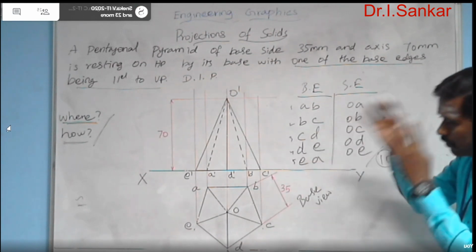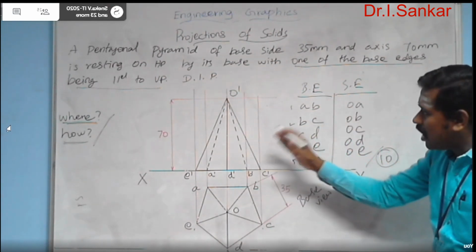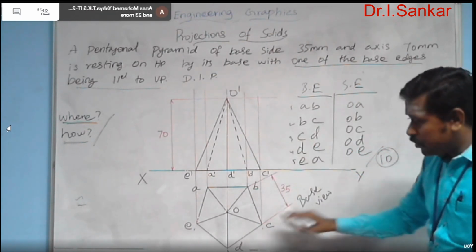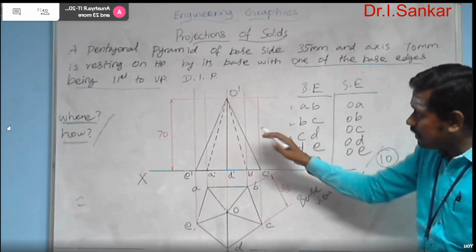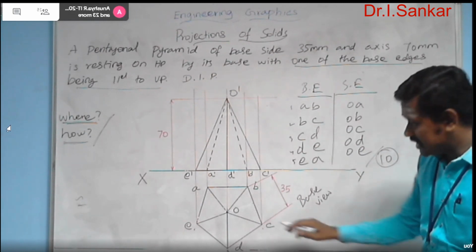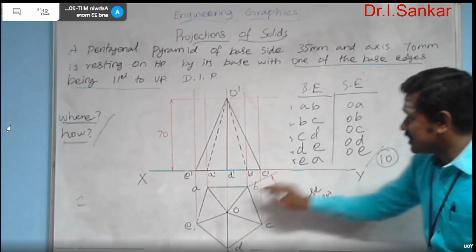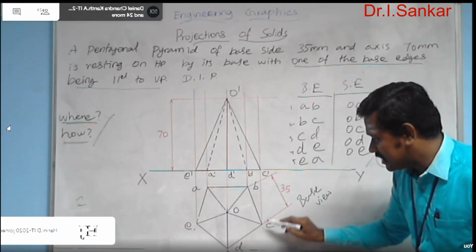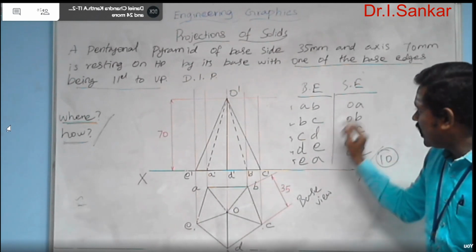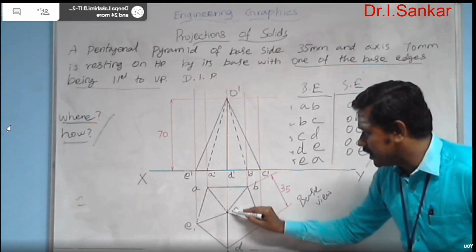So after completing your entire answer, check whether you have drawn all these 10 edges in all the views. In the top view you have to draw 10 edges, and in the front view also you have to show the 10 edges. In the top view, the base edges AB, BC, CD, DE, EA, 5 edges in the base, and side edges OA, OB, OC, OD and OE.